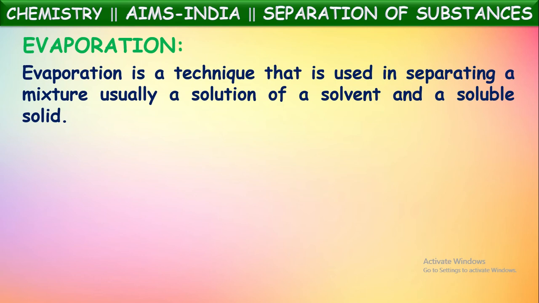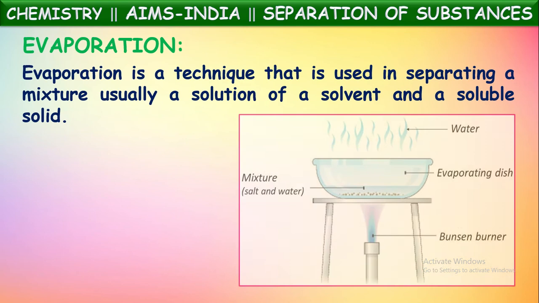It is soluble in water. Such mixtures cannot be separated by filtration. For the separation of those, we use the evaporation method. In evaporation, we can separate a mixture of solid and liquid where the solid is dissolved in the liquid. So this is the technique of separation by using evaporation.